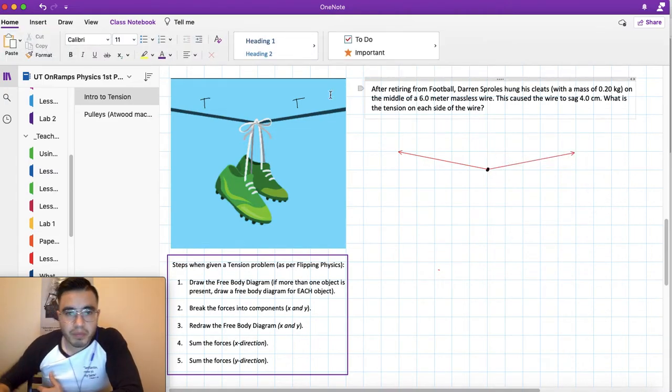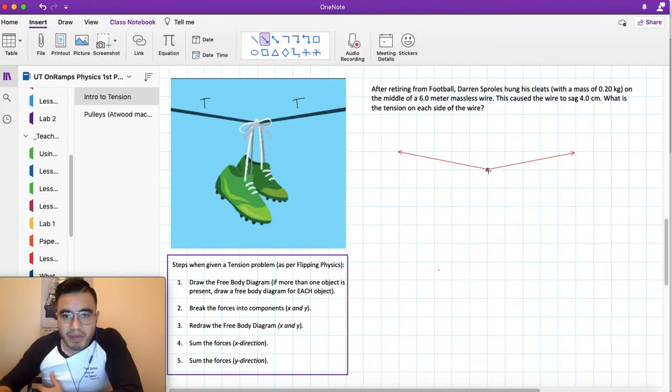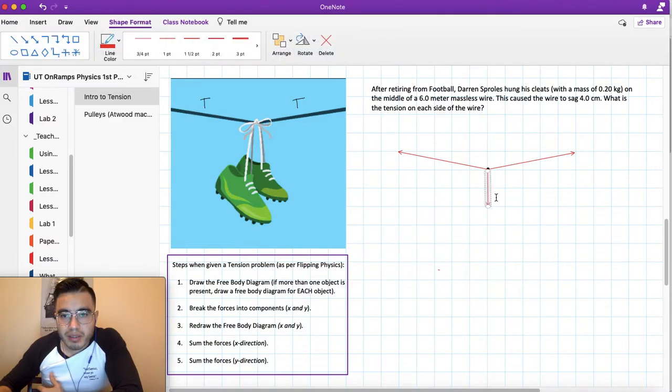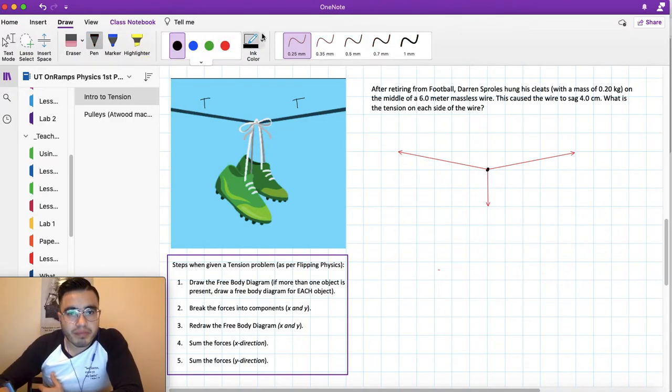And last but not least, we have the weight of the cleats. Let's label them. So this is the weight, mass times acceleration due to gravity, tension, and tension.